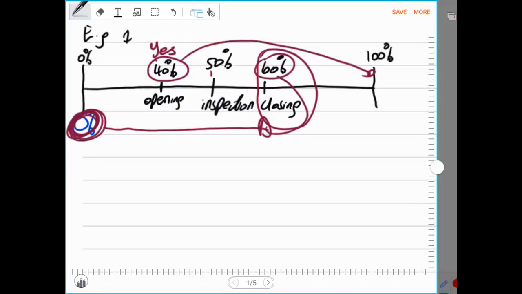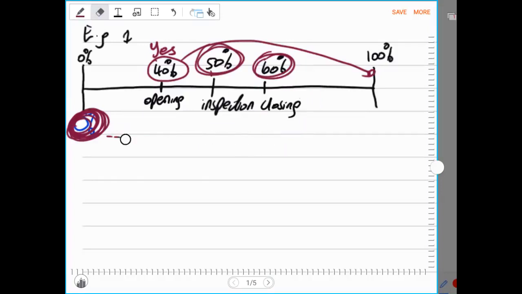The answer is yes. Why? Because it moved from 0% up to a given percent, and 60% is above 50%. It means these units move from here and pass the point of inspection, and when they were 60%, it was the end of the production period. Therefore, they stopped.